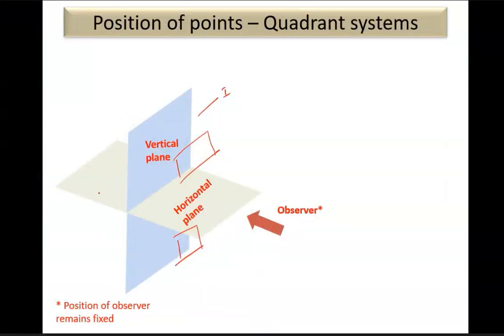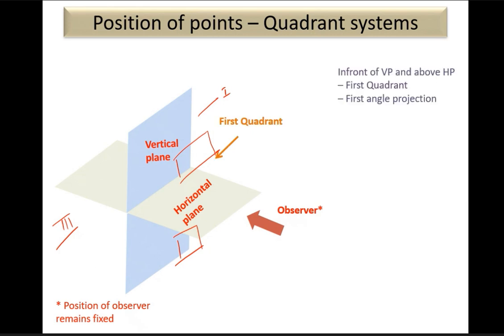For the 2nd quadrant, the object is behind VP and above HP. For the 4th quadrant, the object is in front of VP, where VP is for vertical plane, and below HP. Can you define it for the 3rd quadrant? Yes, it will be behind VP and below HP.